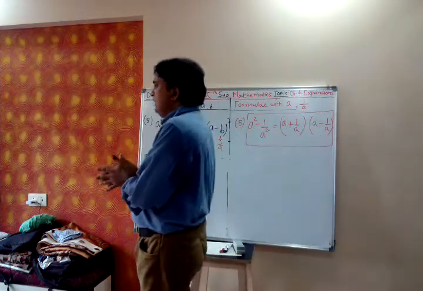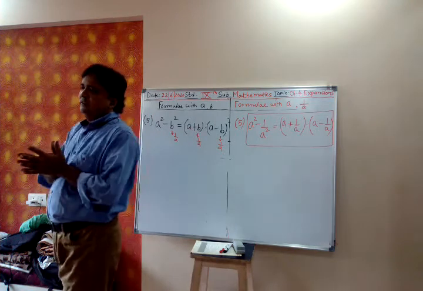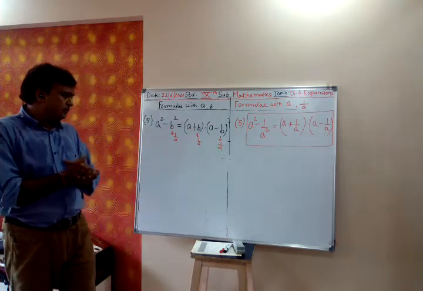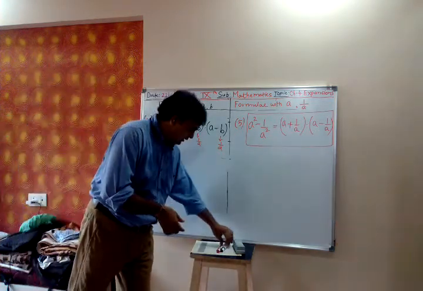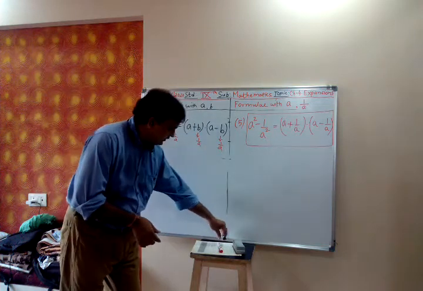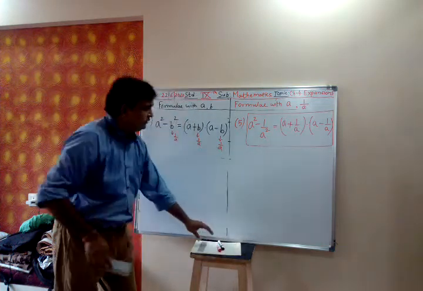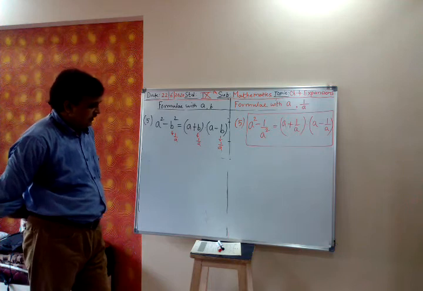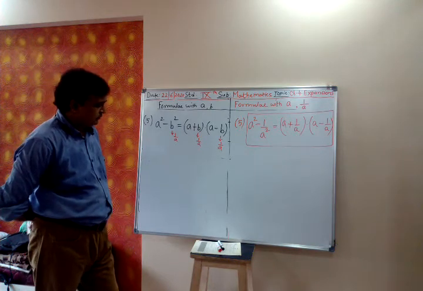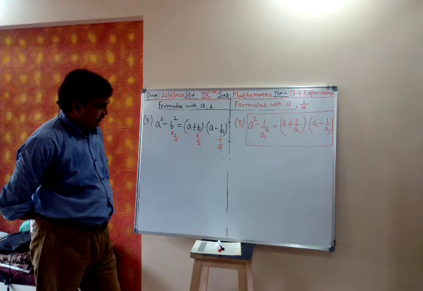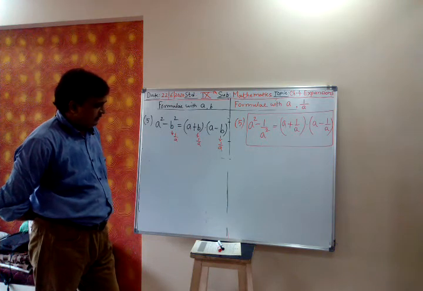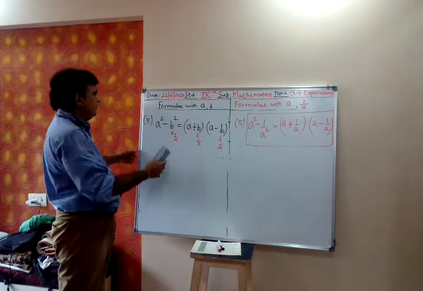Now based on these 5 formulas, we have our exercise 4a. Now we'll solve exercise 4a. In that exercise 4a, the fifth one is over formula.